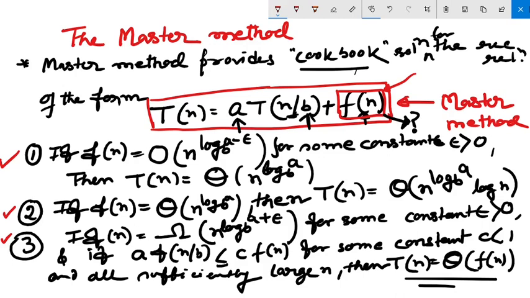First: f(n) equals theta of n to the power log b to the base a minus epsilon, epsilon greater than 0, then T(n) is theta of n to the power log b to the base a. Second: if f(n) equals theta of n to the power log b to the base a, then T(n) equals this times log n. Third: omega of this, with the constant, and directly we write T(n) equals theta of f(n). Now let us take one problem and solve it.